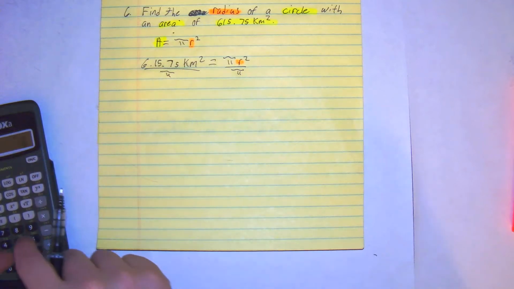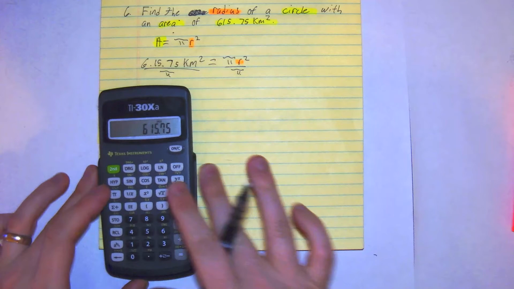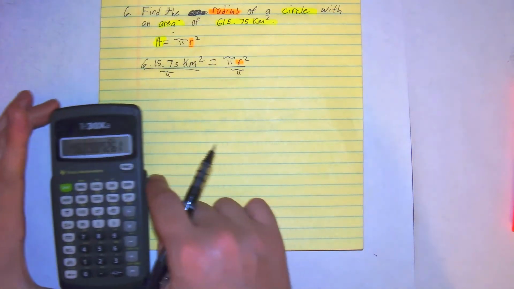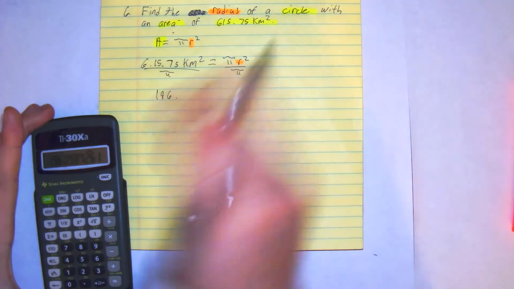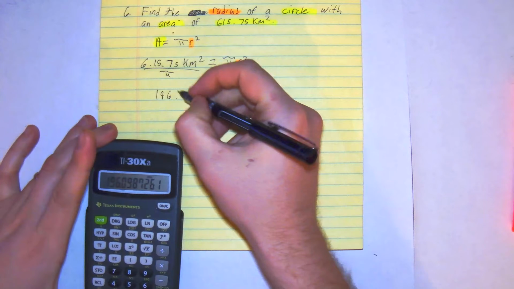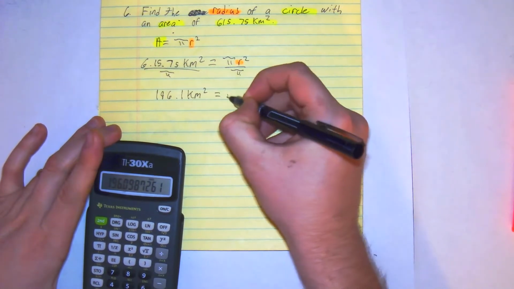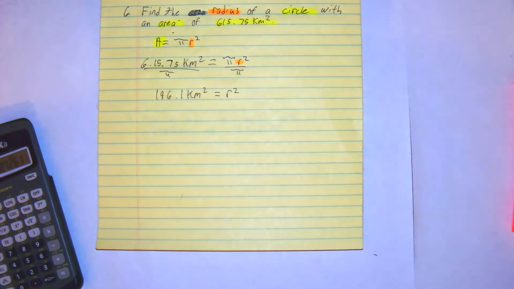So we have 615.75. We're going to divide that by 3.14. And we get roughly 196, if we round it to the nearest tenth, 196.1 kilometers squared equals r squared. Now, what we have to do is square root both sides.